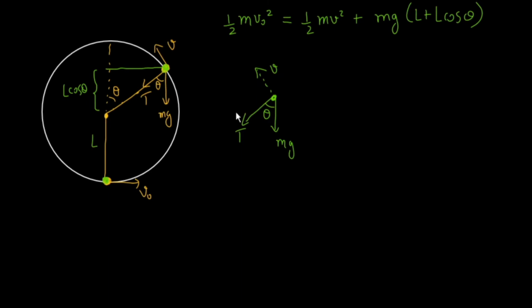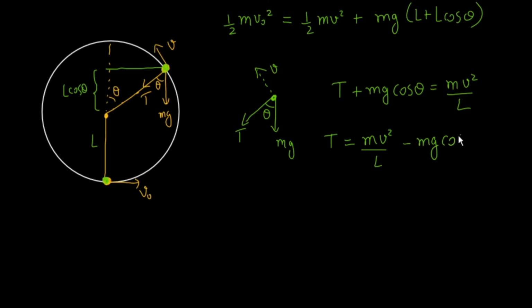It will be v square by L. So my net centripetal force, that is T plus mg cos theta, is equal to m v square by L. So my tension is equal to mv square by L minus mg cos theta. I hope this much is clear.